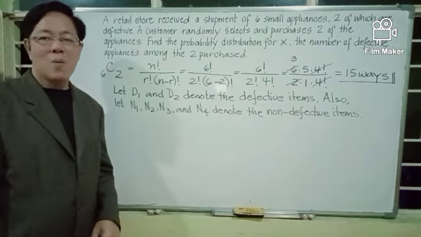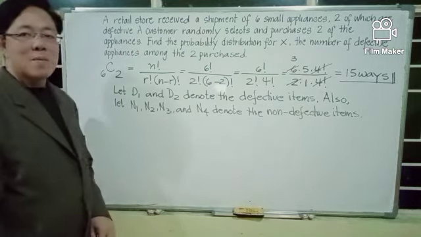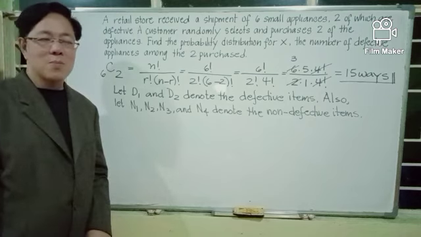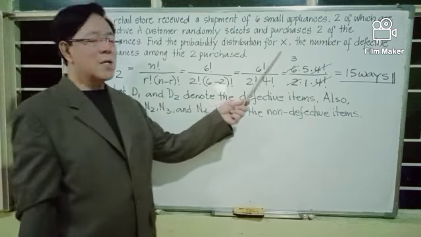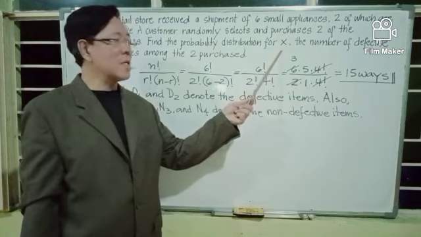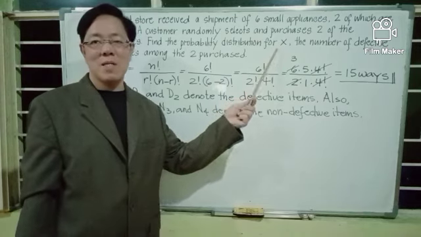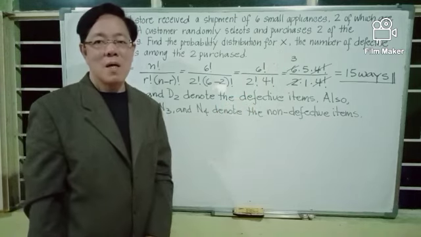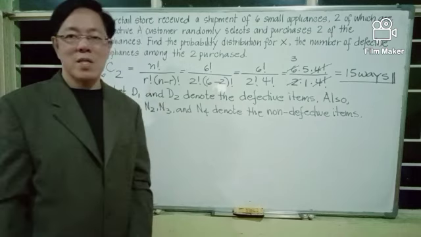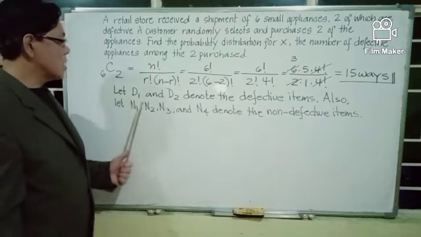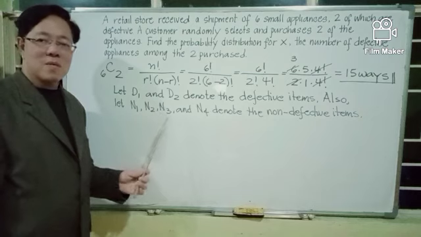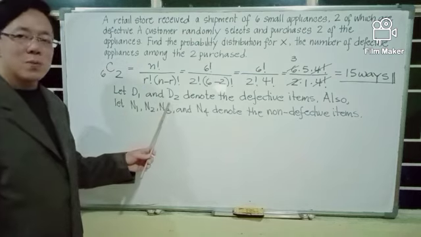To facilitate our process of finding the probability distribution for the discrete random variable X representing the number of defective items among the 2 items purchased by the customer, we denote the 2 defective items by D1 and D2.